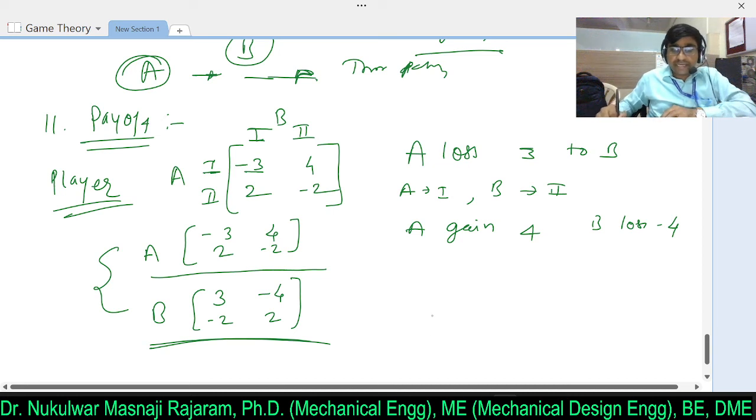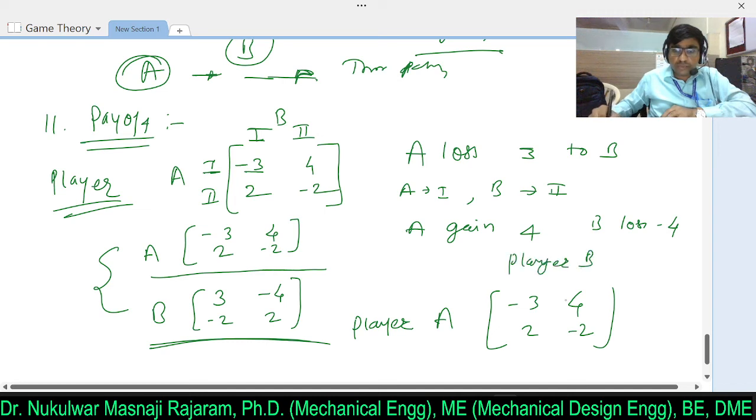However, we will write in this fashion. Player A is always the winner, so here I will consider minus 3, 4, 2, minus 2, and player B is always a loser. Clear? How can I read this value? Player A is losing rupees 3 and player B is getting rupees 3.